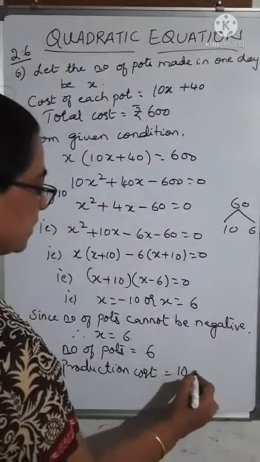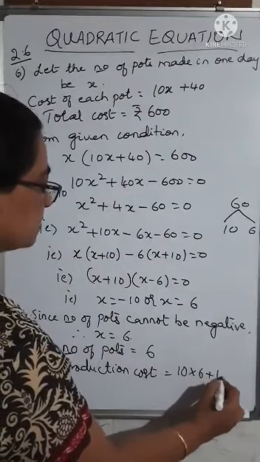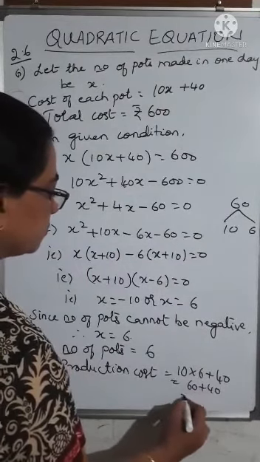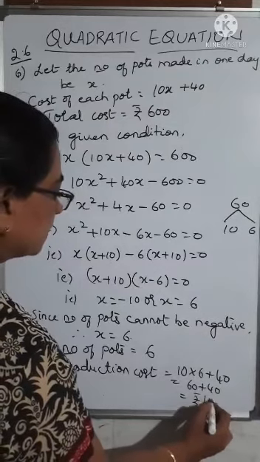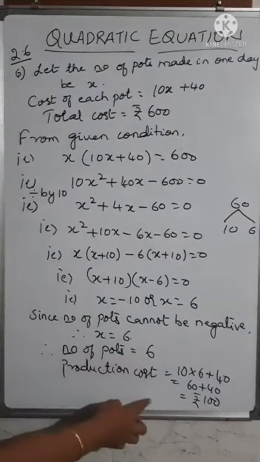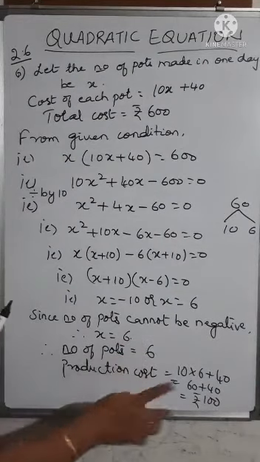So you get 10 into 6 plus 40, that is 60 plus 40, which is equal to rupees 100. So like this, what is asked in the problem you have to find out. They have asked the number of pots also, and the production cost also. So both the statements you have to write.